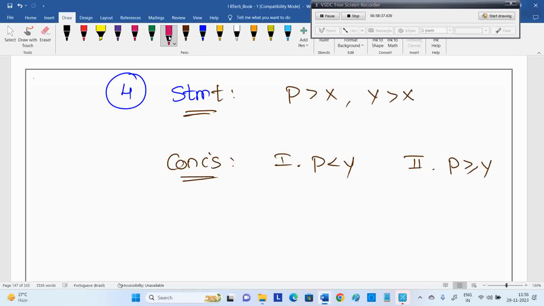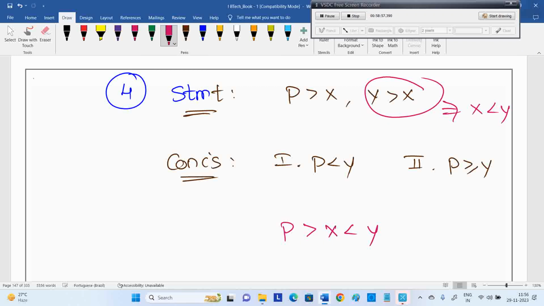Now, my dear friend, if you just try to put it into one equation, Y greater than X can be written as X less than Y. Then bring into one equation: P greater than X, X less than Y.